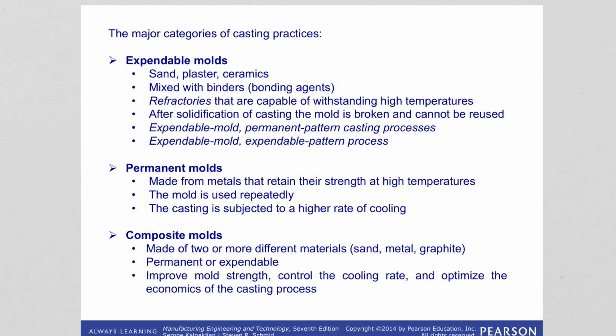These mold materials are refractories. Refractory means they can withstand high temperatures. Of course, we want the molds to withstand high temperatures because we are pouring molten metal, so they have to handle these high temperatures.